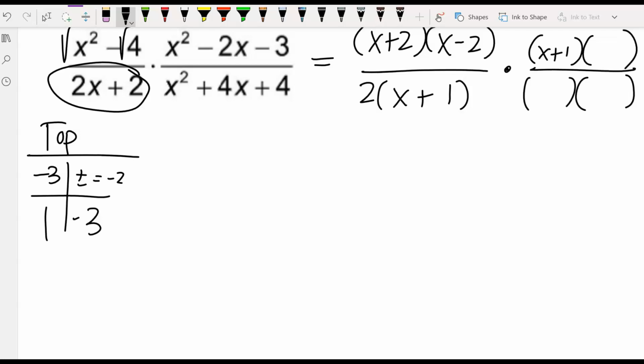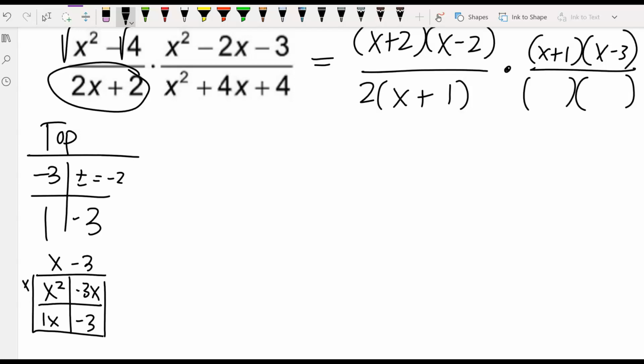So x plus 1, x minus 3. So remember, you can do your box if you want to. Remember x squared. And then that gives you your x minus 3, x plus 1. So if I happen to skip the box, know that I'm getting it from the chart. And you just match the signs.